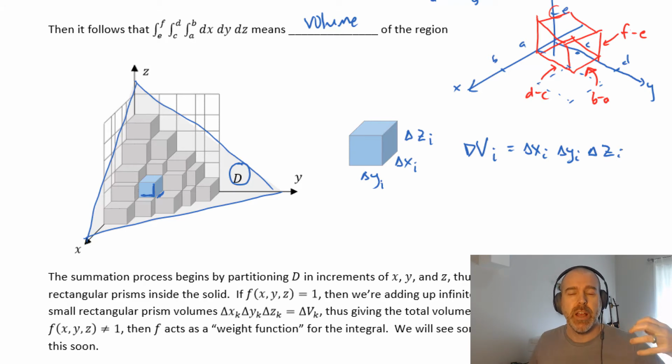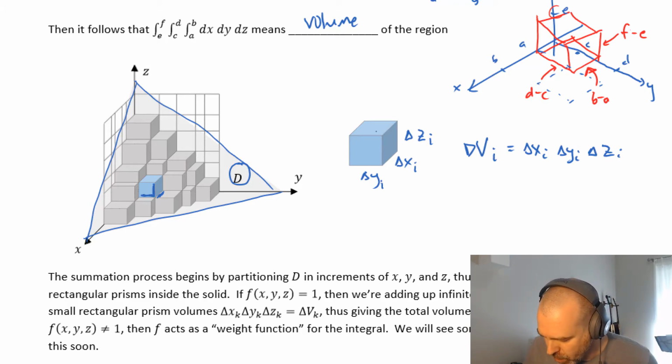Suppose there is a function of the x, y, and z position, a function of its coordinates in three dimensions. We're going to say we have a point, x sub i star, y sub i star, z sub i star, that is in the little box.